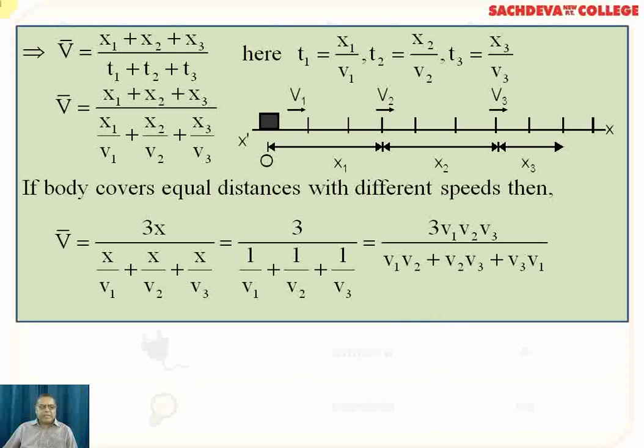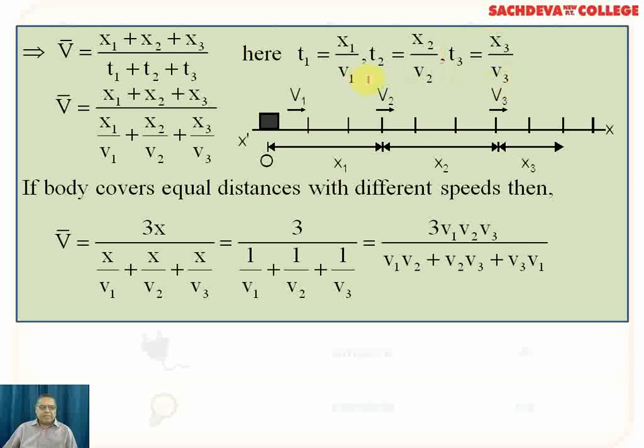So we have written in the numerator x1 plus x2 plus x3 whole divided by t1 plus t2 plus t3. Now, we can say that t1 is x1 over v1. That is, time taken is distance x1 divided by speed v1. Similarly, t2 will be x2 over v2 and t3 will be x3 over v3.